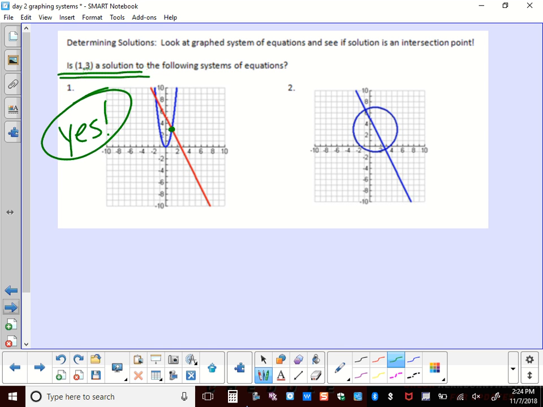So number 2, I'm going to 1, 3. It's on the line. Is that a solution? No. Yeah, my lines are intersecting. It's on a line, but my solutions are here and here. That's the trickiest part of this lesson, that you get confused about whether it's on the line or not. It's on the line, but it's not a solution.